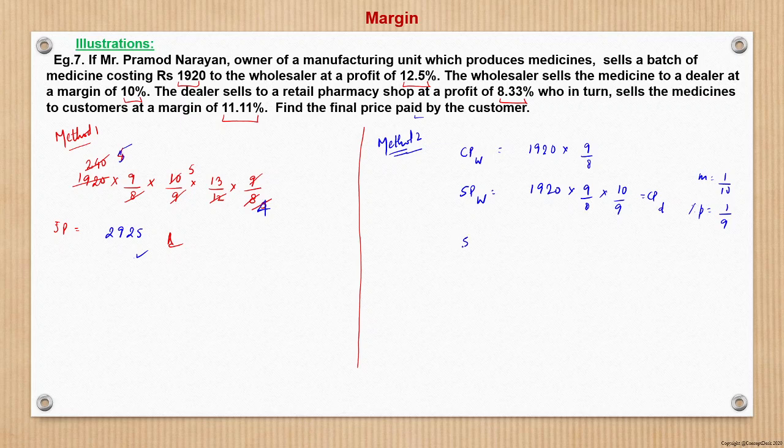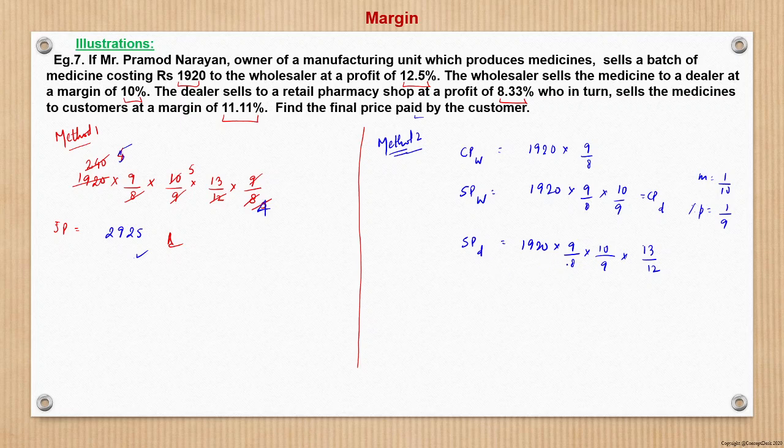Now, what will be the SP for the dealer? The dealer sells to a retail pharmacy shop at a profit of 8.33, which is 1 plus 1 by 12. So I write this as 1920 into 9 by 8 into 10 by 9 into 13 by 12.